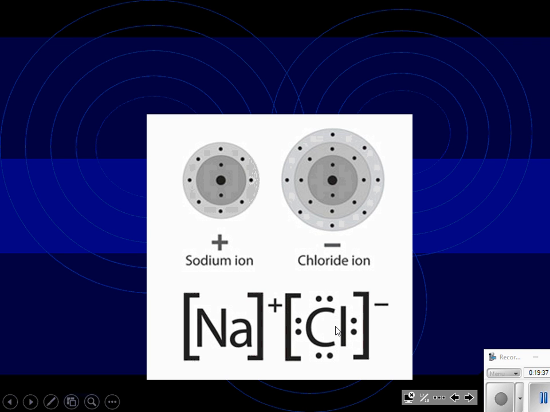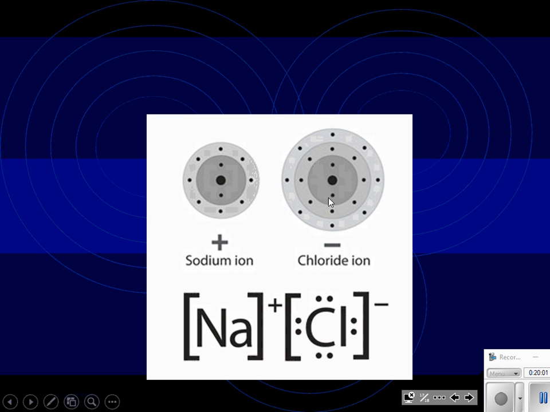Now, if you look right here, here is sodium. Right? Its outermost energy level has 8 of them. Here is chlorine. How many does its outermost energy level have? 8 of them. Right?